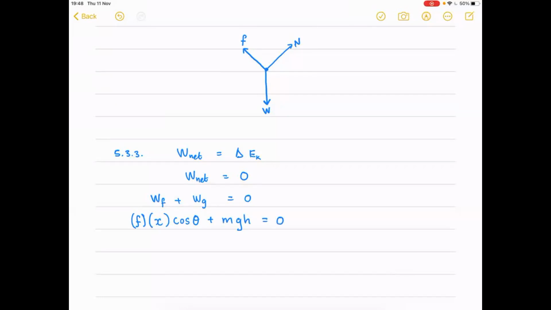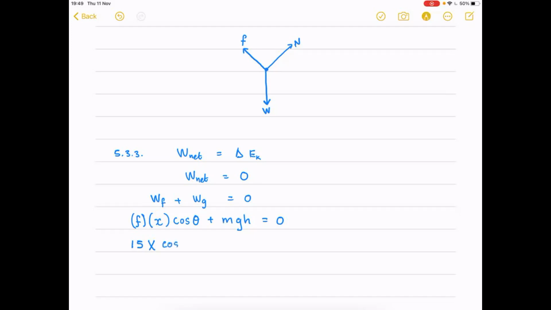So let's put in the values. The frictional force they told us is 15. And this x cos of 180 degrees, this is the x like that they are asking us to calculate. It's not a multiplication sign, that's the x.